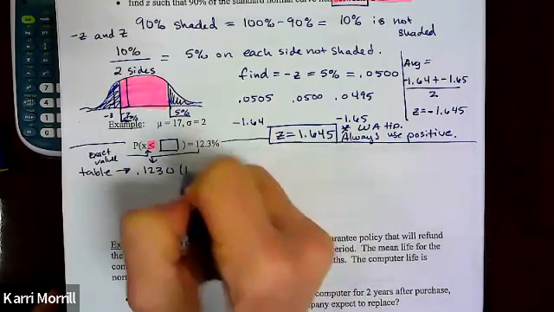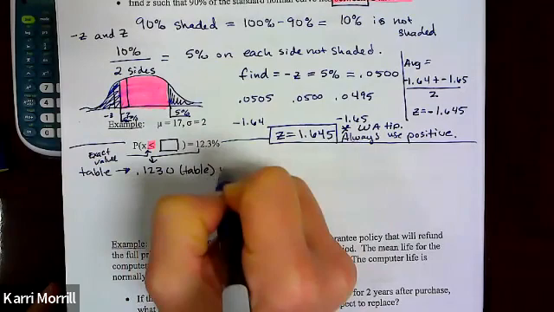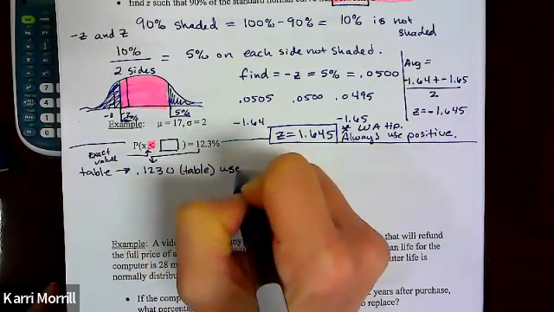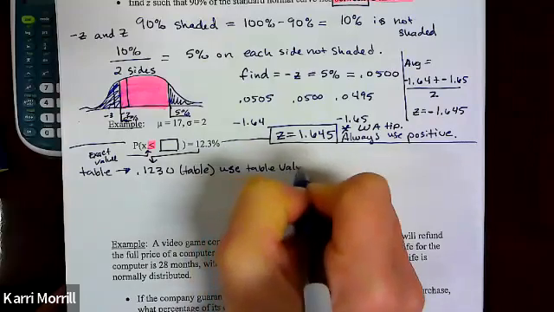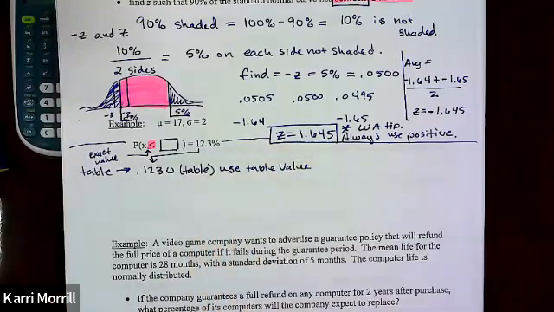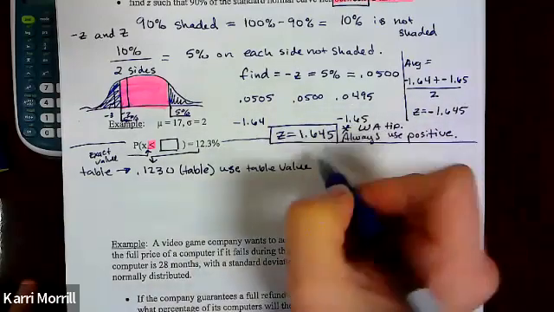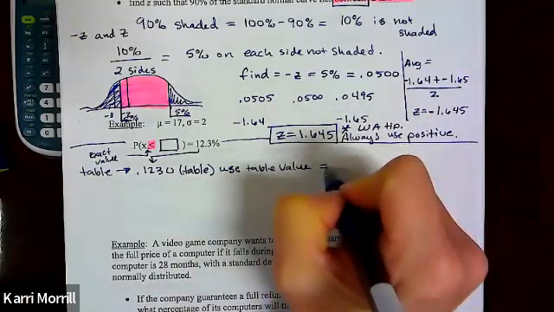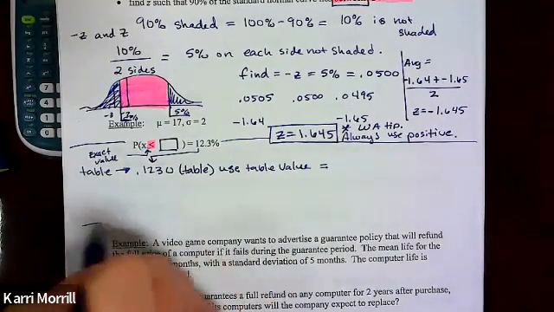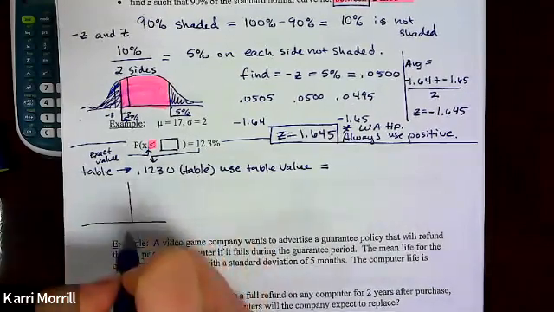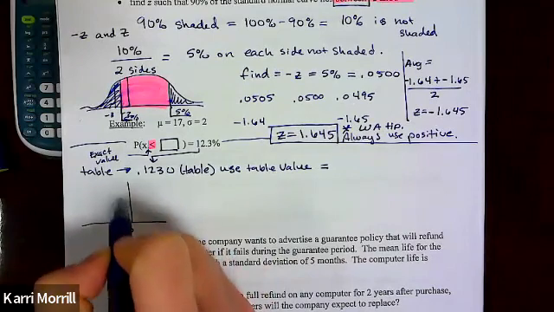When we go to the table, I'll just say use table value again. We will find that it is an exact one on your table. It would be in the negative realm. If you think about a normal curve, if this is your mean and this was 34%, 12.3% is less than that.